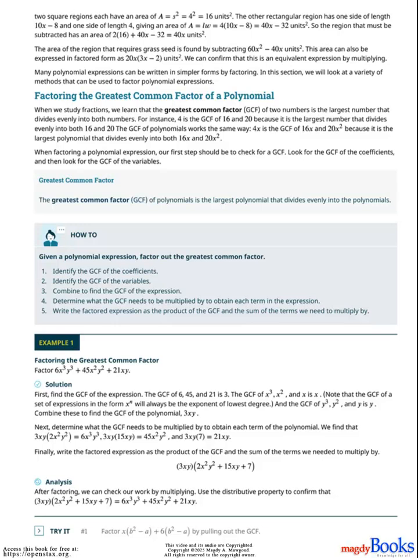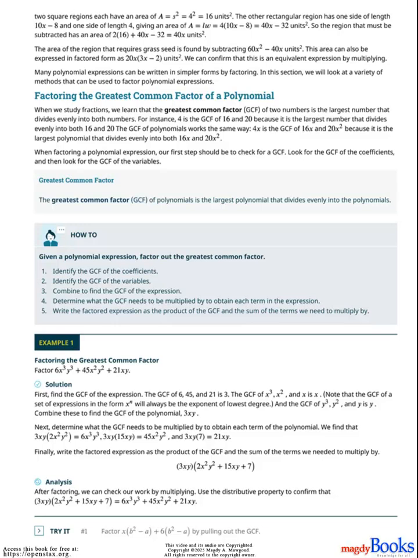We find that 3xy(2x squared y squared) equals 6x cubed y cubed. 3xy(15xy) equals 45x squared y squared, and 3xy(7) equals 21xy.